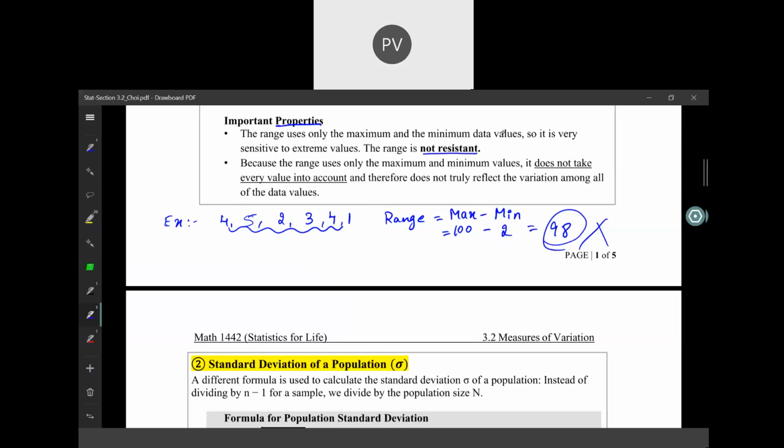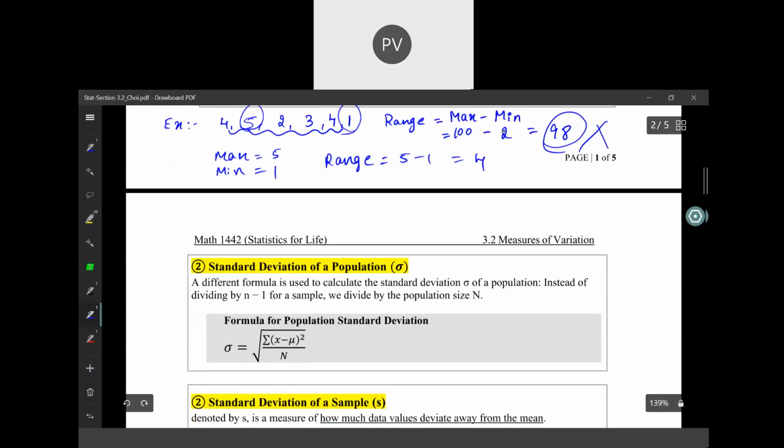I need only the maximum number and the minimum number. So I just need two values to compute the range. If I give you the maximum number as 5 and the minimum number as 1, you can easily compute the range as 5 minus 1, which is 4. So you actually do not need the whole data set. That's one more property of range.